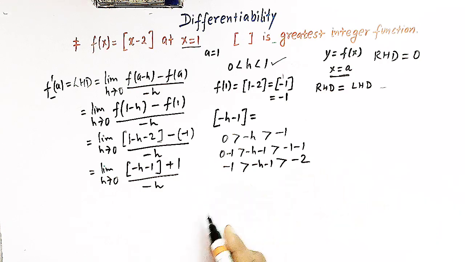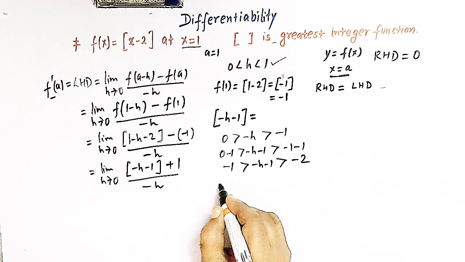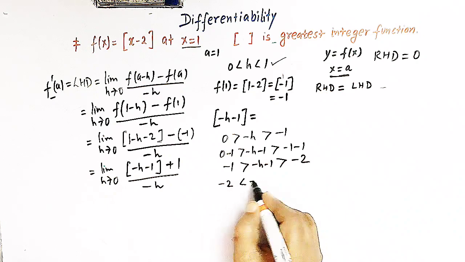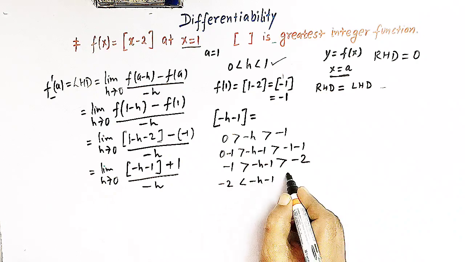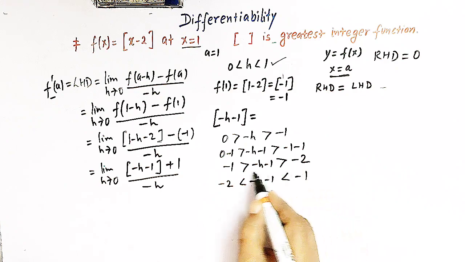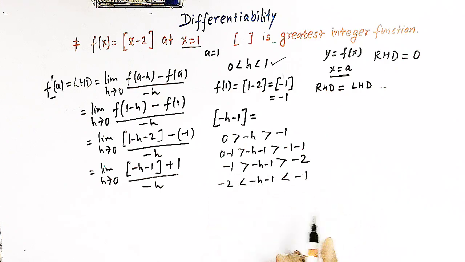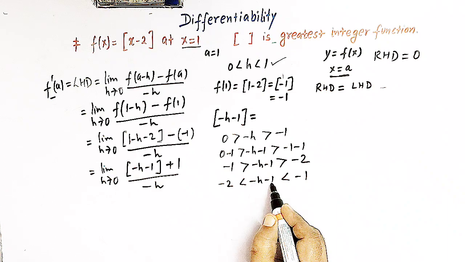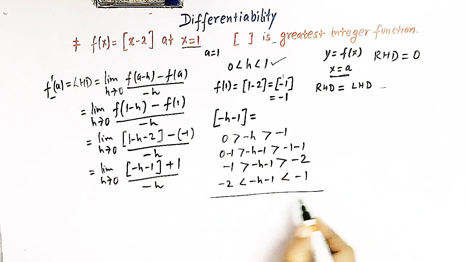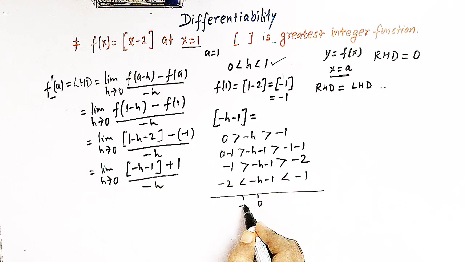So this inequality can be rewritten as minus 2 is less than minus h minus 1, which is less than minus 1, right? Now this inequality suggests that minus h minus 1 lies between minus 2 and minus 1. So here we have 0, here we have minus 1, and here we have minus 2.